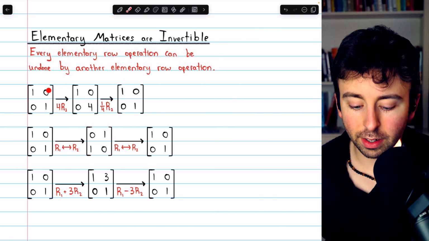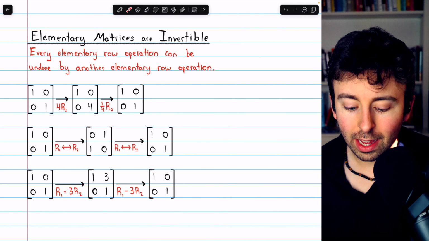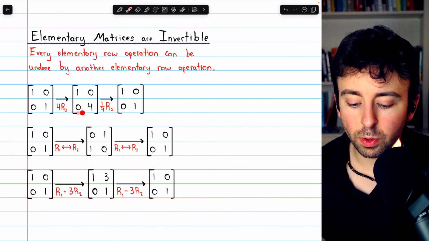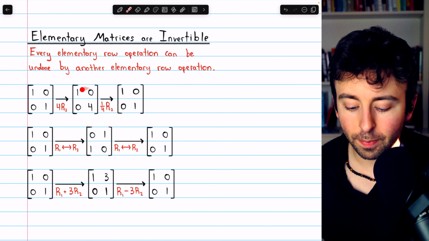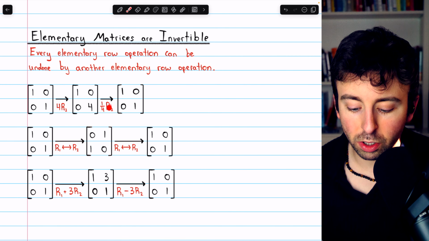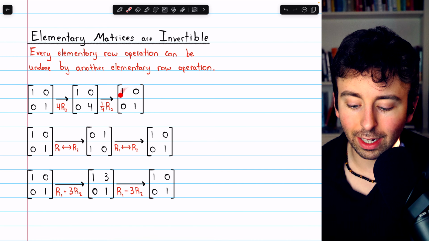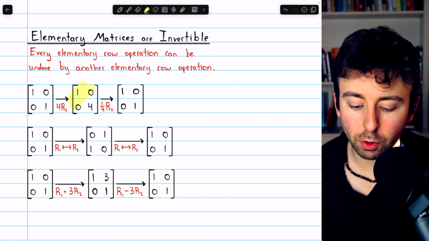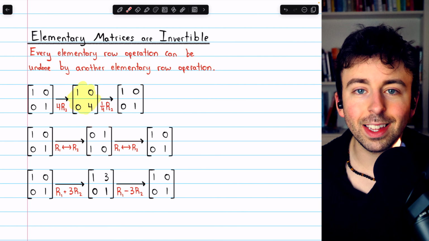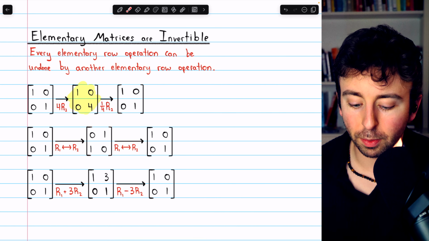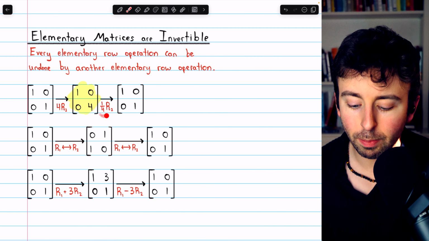For example, this 2 by 2 identity matrix could have its second row multiplied by 4, which would produce this elementary matrix. Then, this could be undone easily by multiplying row 2 by 1/4. That would get us back to the identity. So the inverse of this elementary matrix would just be the elementary matrix that results from multiplying row 2 of the identity by 1/4.